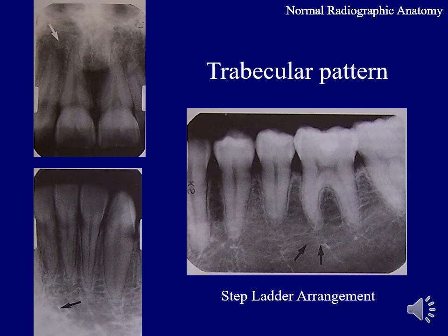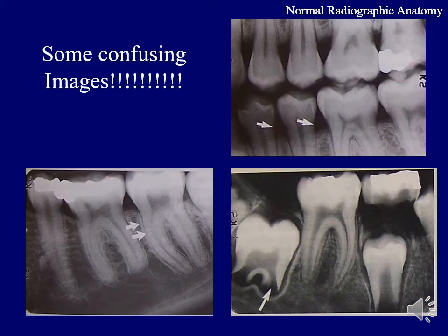The trabecular pattern in the posterior mandible, as shown in the image on the right hand side, usually has large marrow spaces and very sparse trabeculation. These trabeculae are arranged horizontally to each other like a ladder, giving a step ladder arrangement.